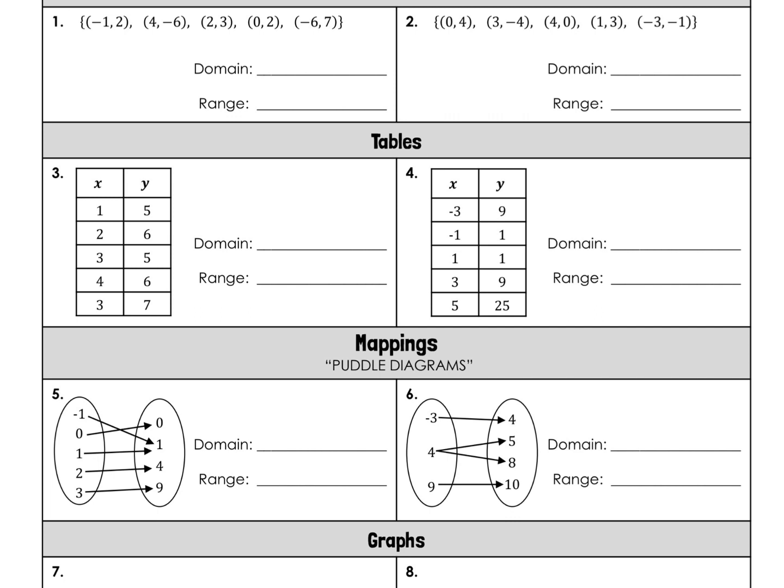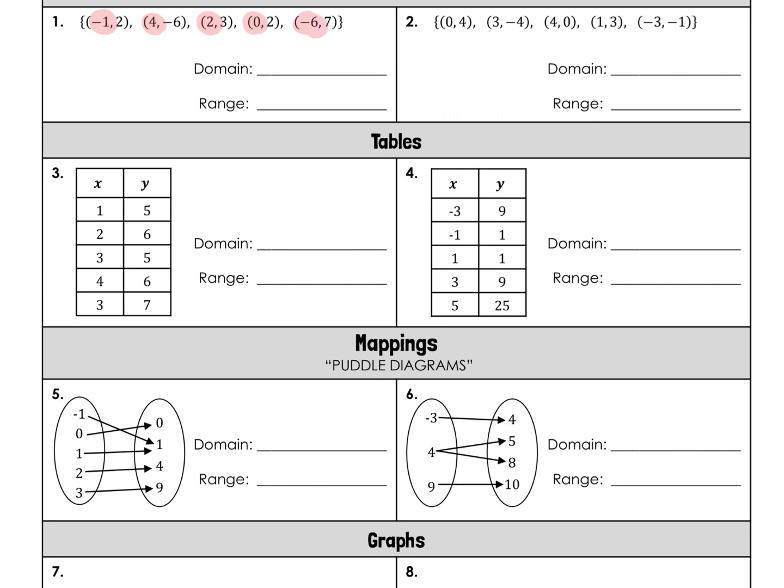Okay, so the domain and range for discrete relations. You're going to see it as an ordered pair, for instance, on a graph. So your domain, we said in the other notes, are all of your x's, which are these. That's your domain.